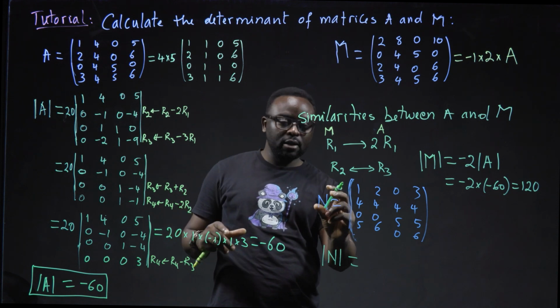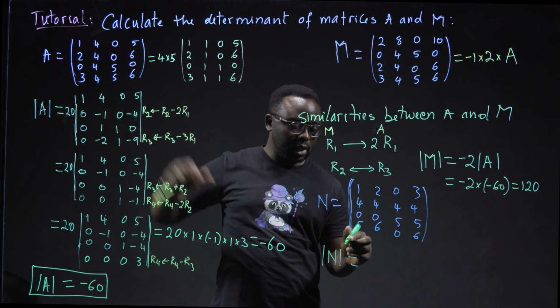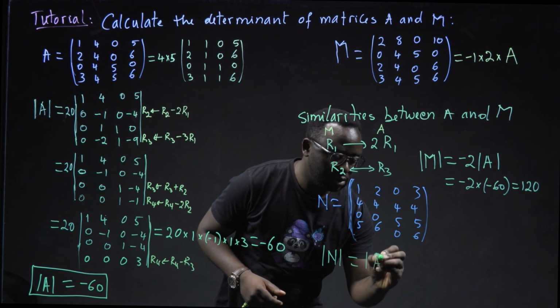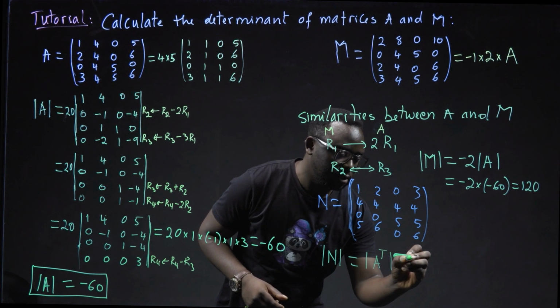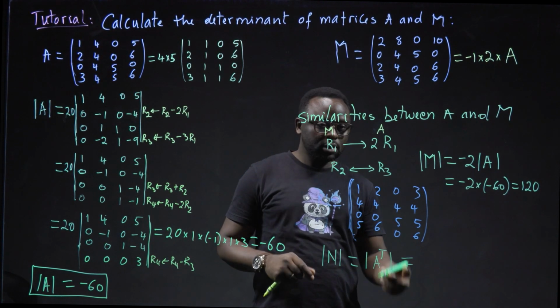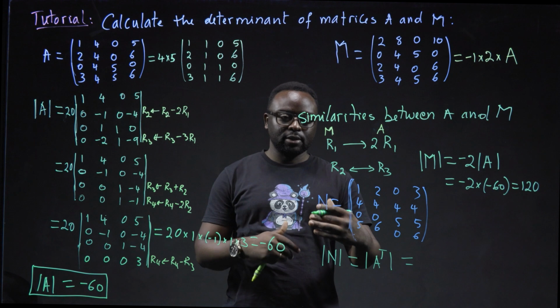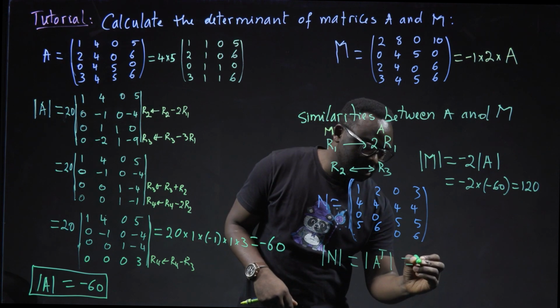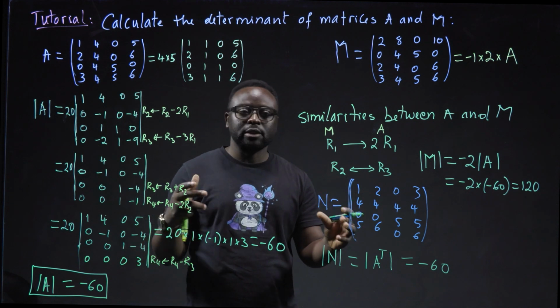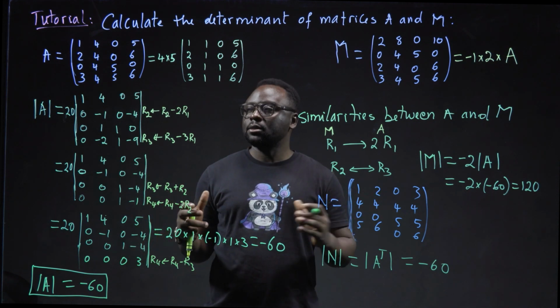The matrix N here is just a transpose of matrix A. So the determinant of this is just the determinant of the transpose of the matrix A, and the determinant of A is -60. The determinant of a transpose of a matrix is the same, right? So this is -60.